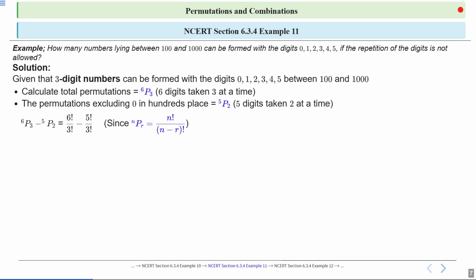Now let's apply the formula. 6P3 minus 5P2 is equal to 6 factorial upon 3 factorial minus 5 factorial upon 3 factorial. As we know the formula, nPr is equal to n factorial upon n minus r factorial.